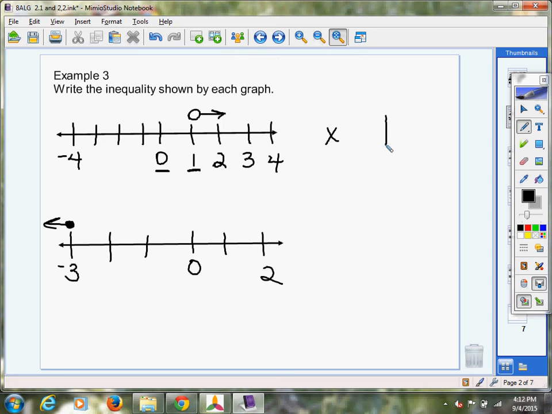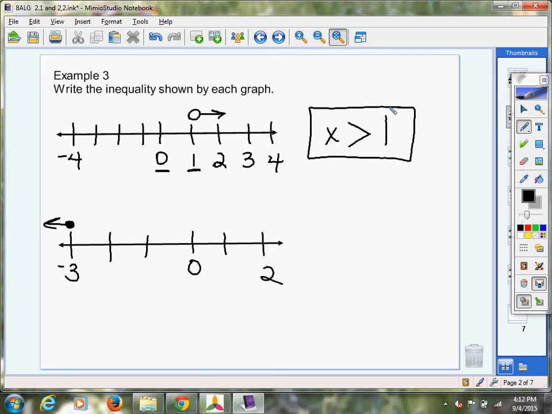So it's either greater than or it's less than. Well, which way is the arrow pointing? All the numbers to the right of 1 are bigger. So I'm showing all the numbers that are bigger than 1. But I'm not including 1, so I'm not going to write that equal to sign. So this is the inequality that represents that graph.